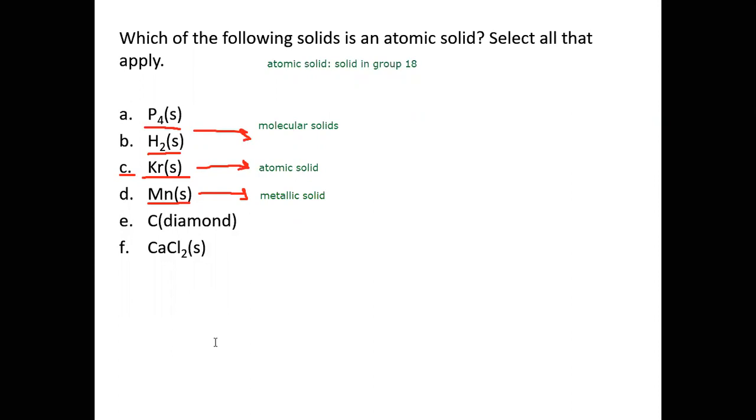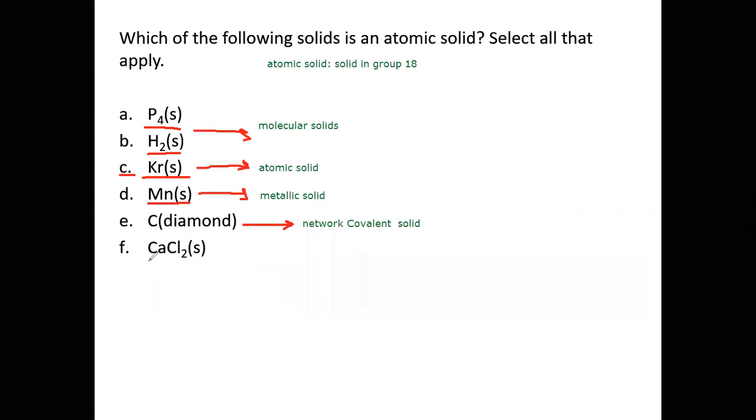Next we have carbon diamond, and carbon diamond is one of the ones that's a network covalent solid. It's a big entity that's connected through covalent bonds. So it's a network covalent solid. And then lastly, we have CaCl2.